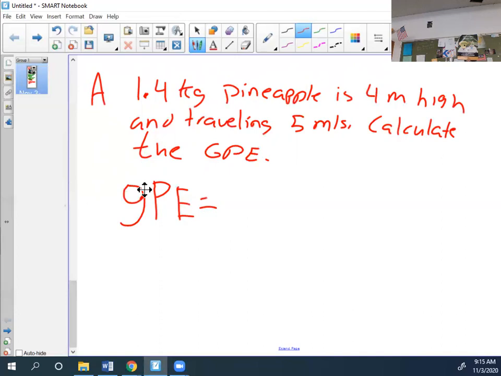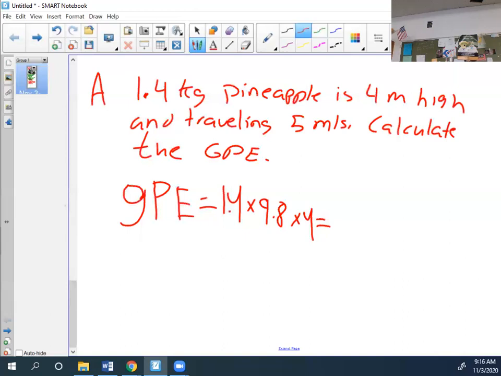Write that down. Times the gravity, 9.8. Times the height. Now, you did that correctly. How come he did not use the 5 meters per second?